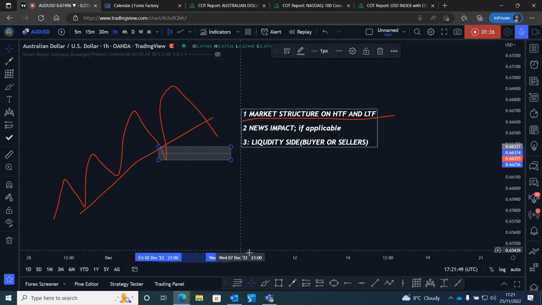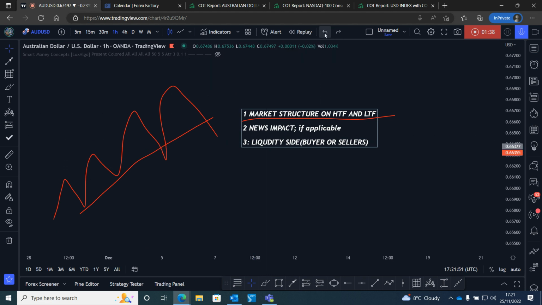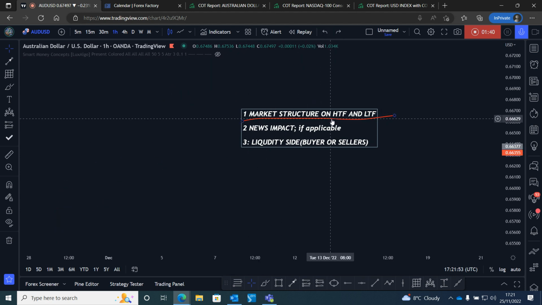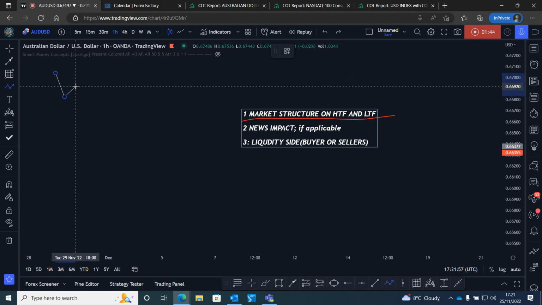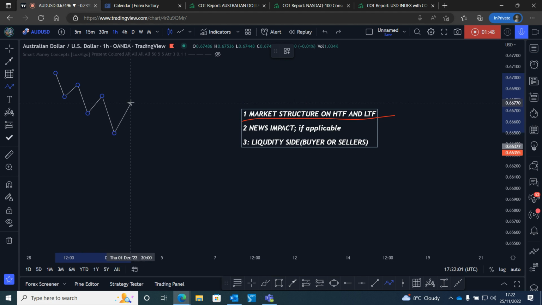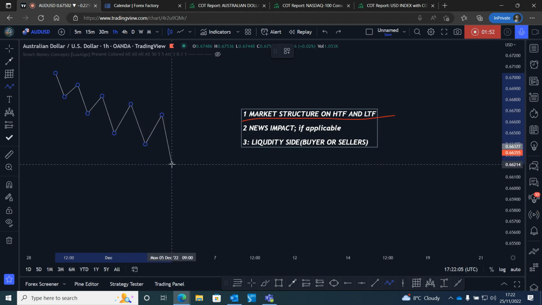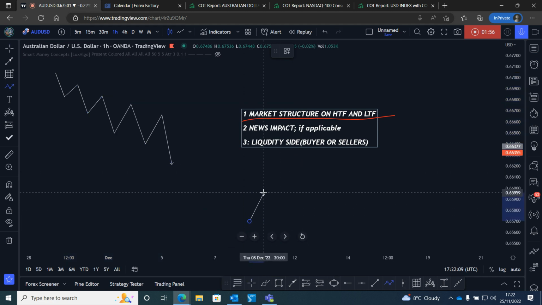So anytime we see market structure, it's all about identifying whether we have a structure like this or a structure like this.